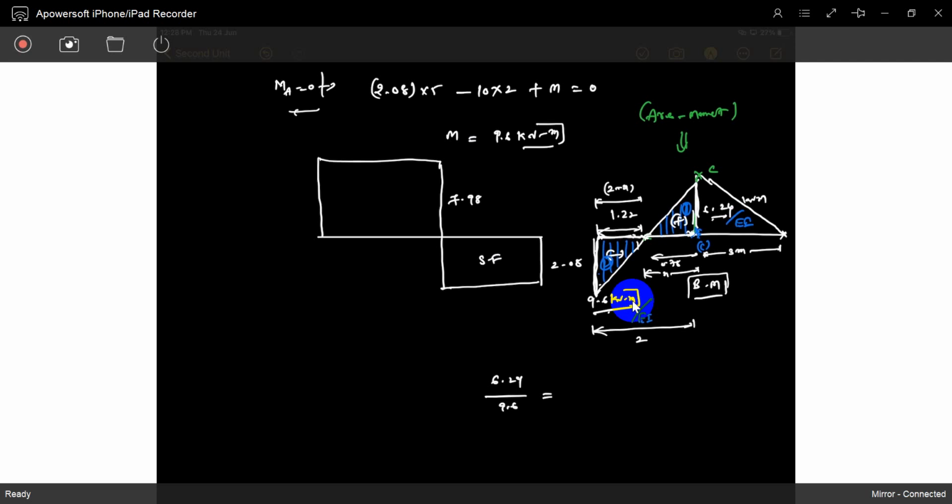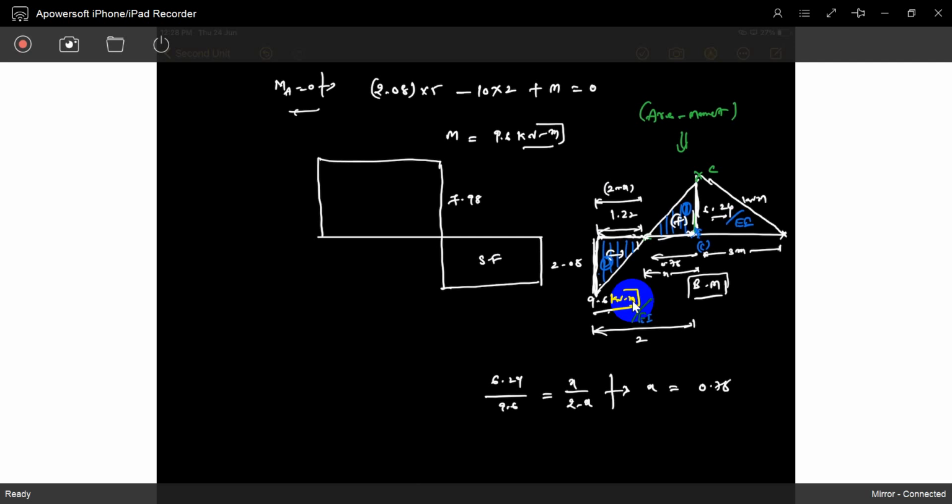Similar triangles, 6th class. So 6.24 divided by 9.6 is x divided by 2 minus x. So what is x? Then only you will get 0.78.